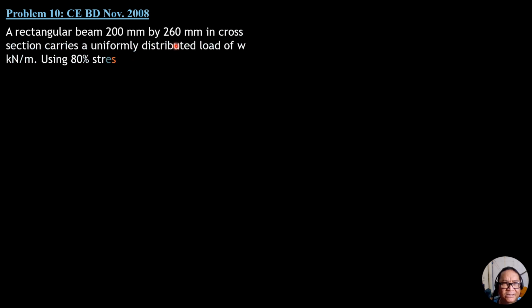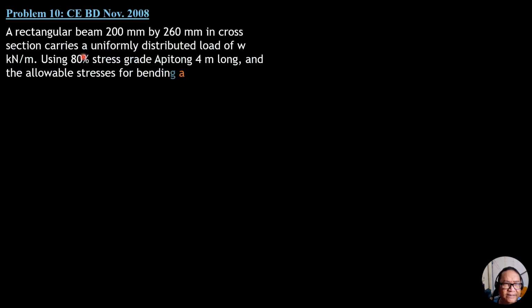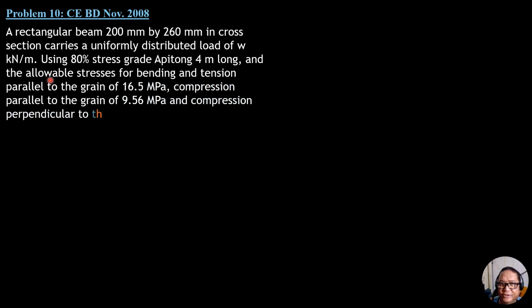Problem 10. This came out in the November 2008 CE Civil Engineer Board Exam. A rectangular beam 200 mm by 260 mm in cross-section carries a uniformly distributed load of W kilonewtons per meter.